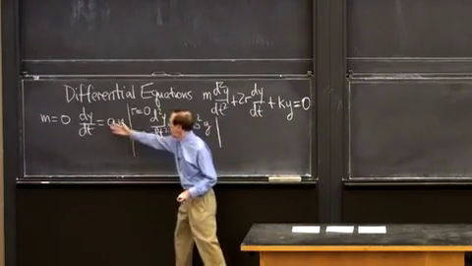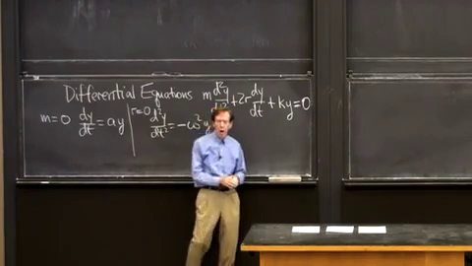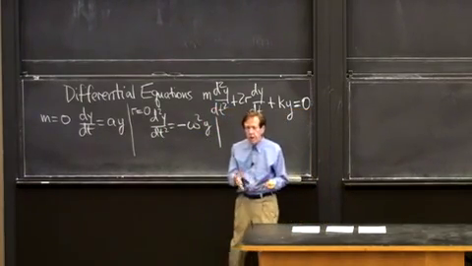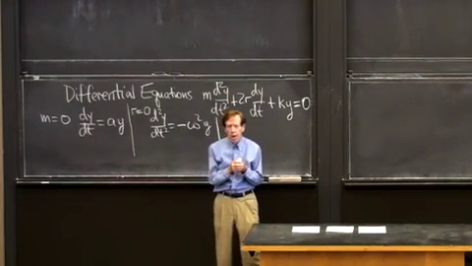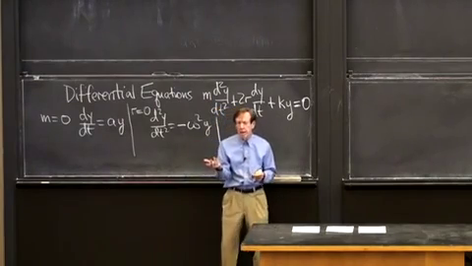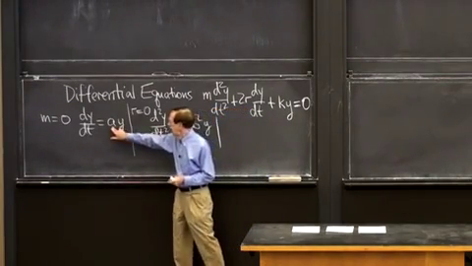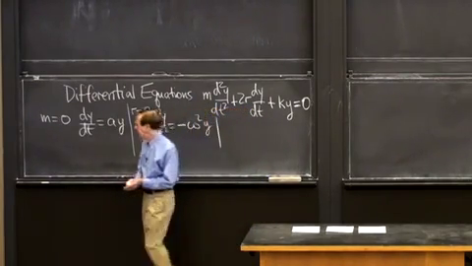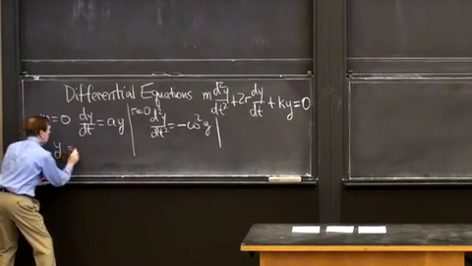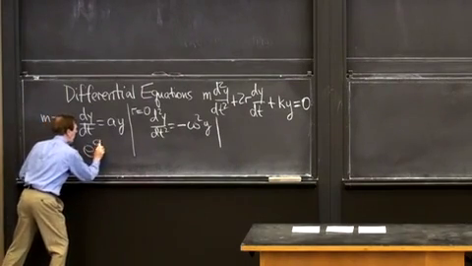It's just the derivative of y is some multiple of y. It's now first order. And we know the function that solves that equation. When the derivative equals the function itself, that's the exponential. If I want to have an extra factor a here, then I need e to the at.